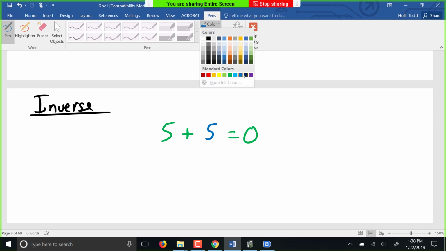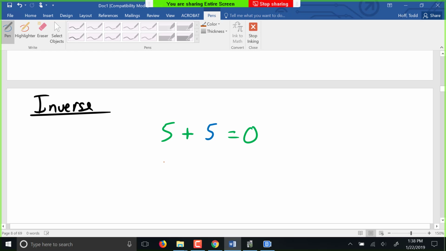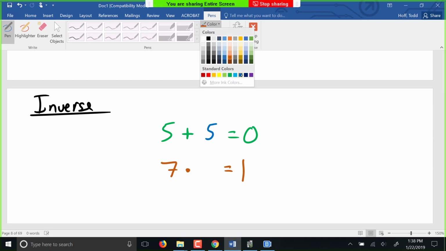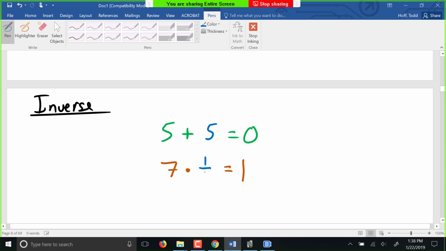If I have 7, what I can multiply 7 by, now the identity element for multiplication is 1, so I want to turn it into a 1. What I can multiply 7 by to give me a 1 is 1/7.